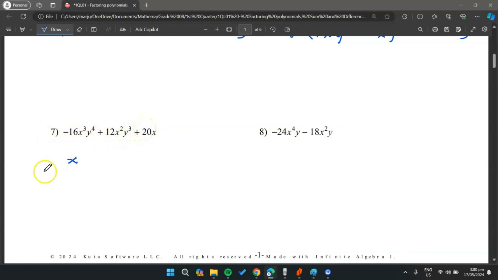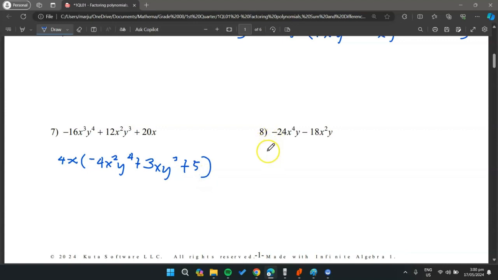So the common factor will be 4. So we will have 4x. So this will now become negative 4x squared y to the 4th power plus 3xy cubed. Then we have plus 5. That will be for number 7.